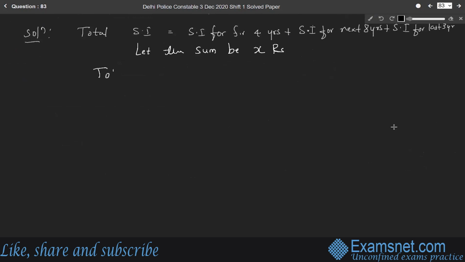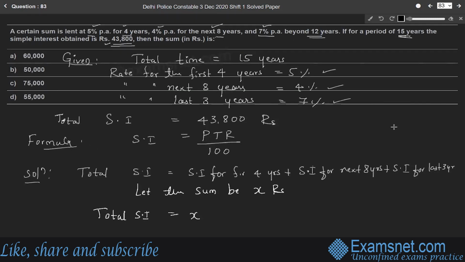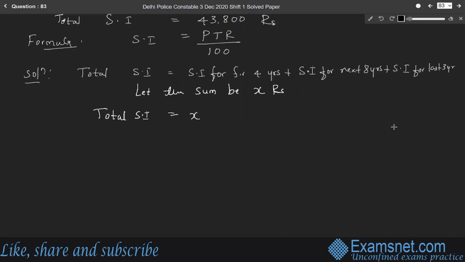Then total simple interest becomes simple interest for the first 4 years: P is X, time is 4 years, into rate 5%, by 100, plus simple interest for the next 8 years.